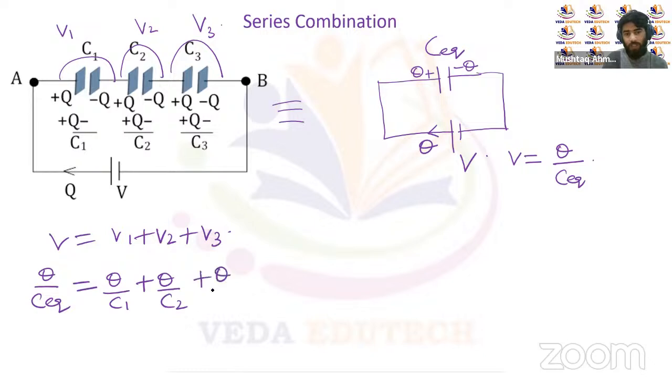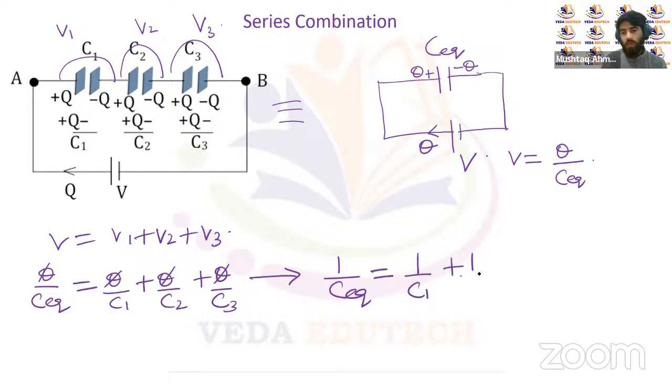Q and Q will get cancelled, so we are left with 1 upon C equivalent equal to 1 upon C1 plus 1 upon C2 plus 1 upon C3. So this will be the C equivalent.